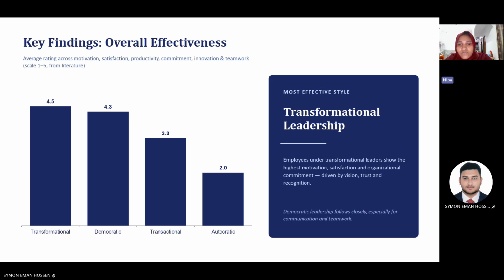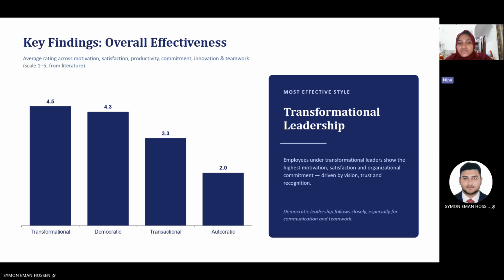On a scale of 1 to 5, transformational leadership comes out the highest at 4.5, followed closely by democratic leadership at 4.3. Transactional leadership sits in the middle at 3.3, good for productivity and efficiency, but weaker on innovation.